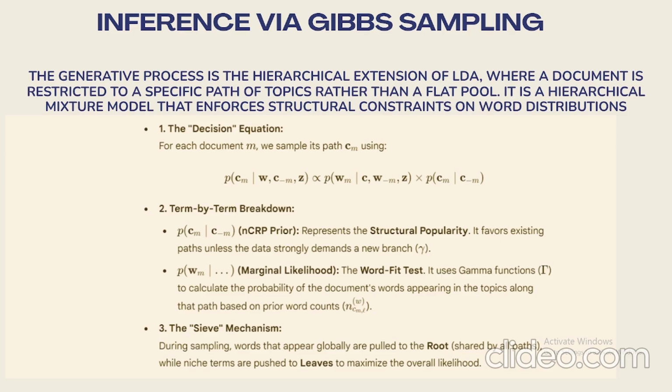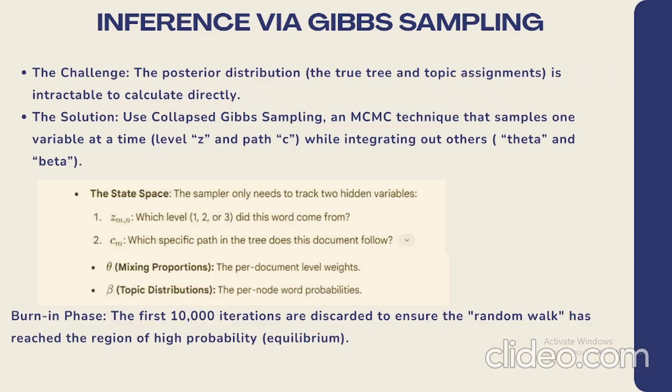So even if the prior for the politics path is currently more popular, the likelihood for the biology path is higher, and that is why the word neuron will appear in the biology path. So this is the inference procedure that we have in Gibbs sampling.